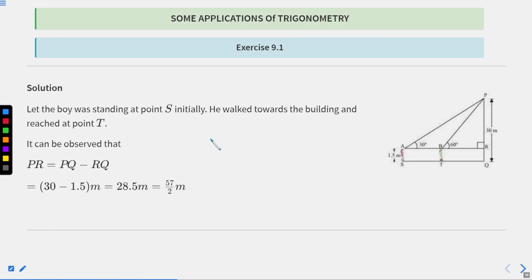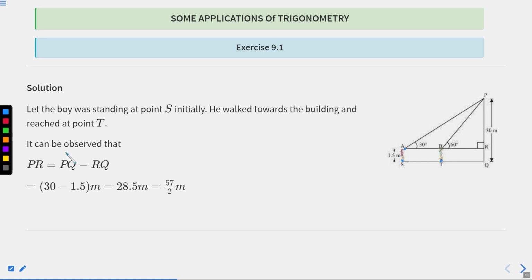So here you can visualize this. Okay, so suppose here some boy was standing at point S. Okay, so at this point the boy was standing, and he walked towards the building and reached the point T, and here the angle of elevation is 30 degrees, and here the angle of elevation is 60 degrees.